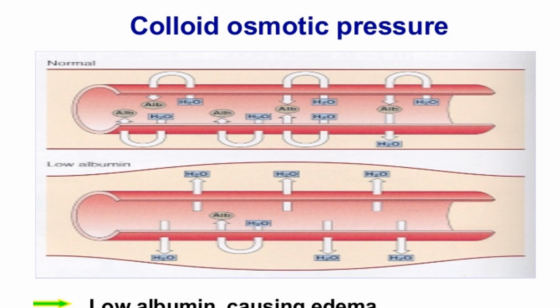Besides albumin, we have sodium and some osmotically active molecules which retain water within the intravascular compartment. So the upper part shows you how the water is retained when the albumin is within the normal concentration, and due to any pathology, when the serum albumin concentration is low, the water moves from the intravascular compartment into the interstitial spaces, and you can see the patient is developing edema.